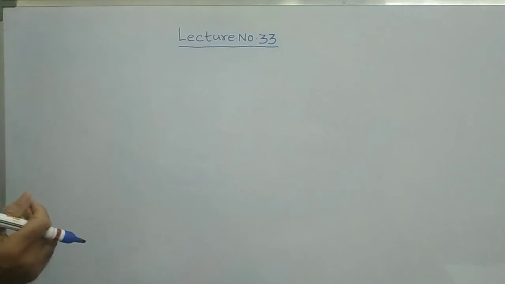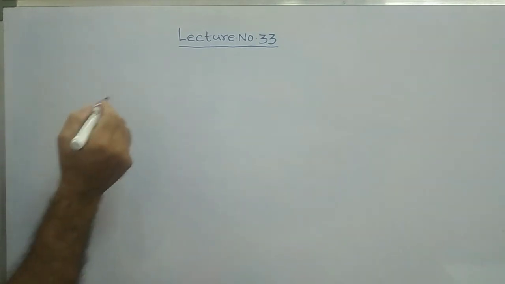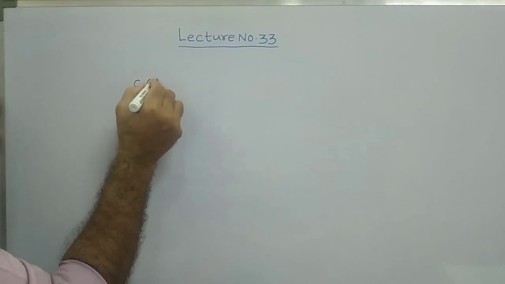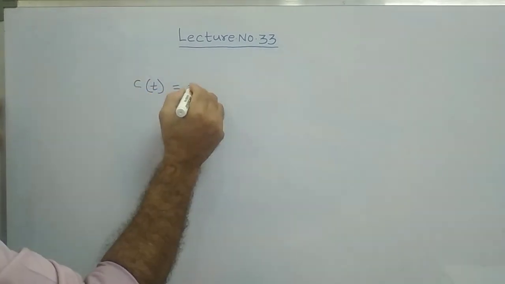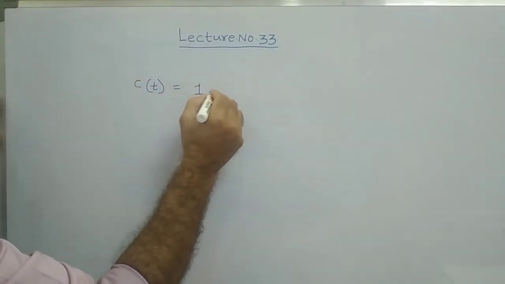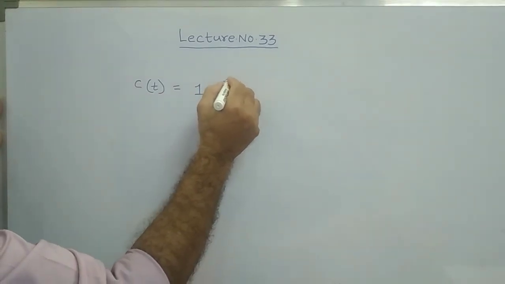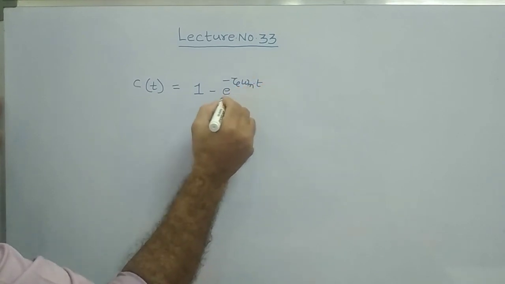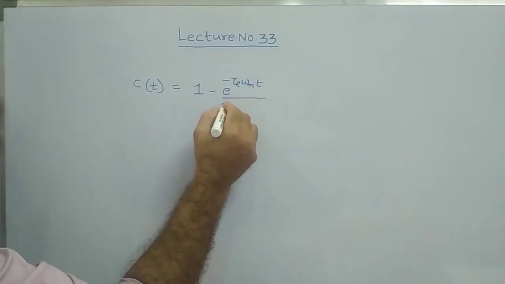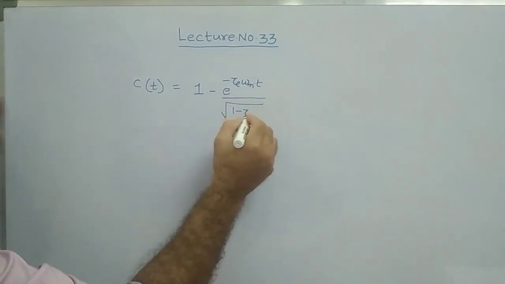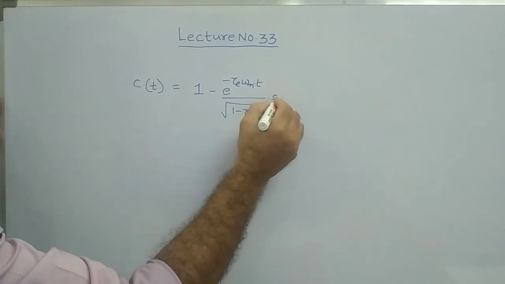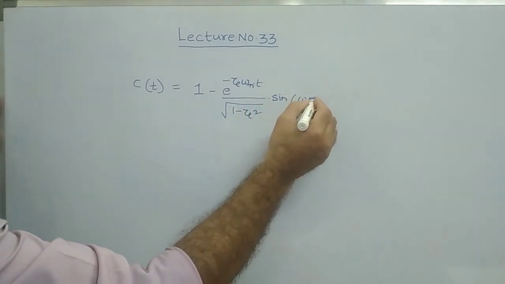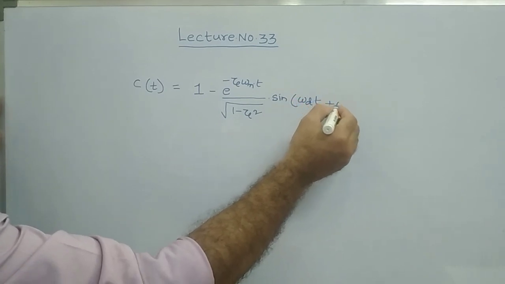Normally from this graph we know that the response of a second order system can be given as C of t is equal to 1 minus e power minus zeta omega n into t by under square root of 1 minus zeta square into sine of omega d into t plus theta.